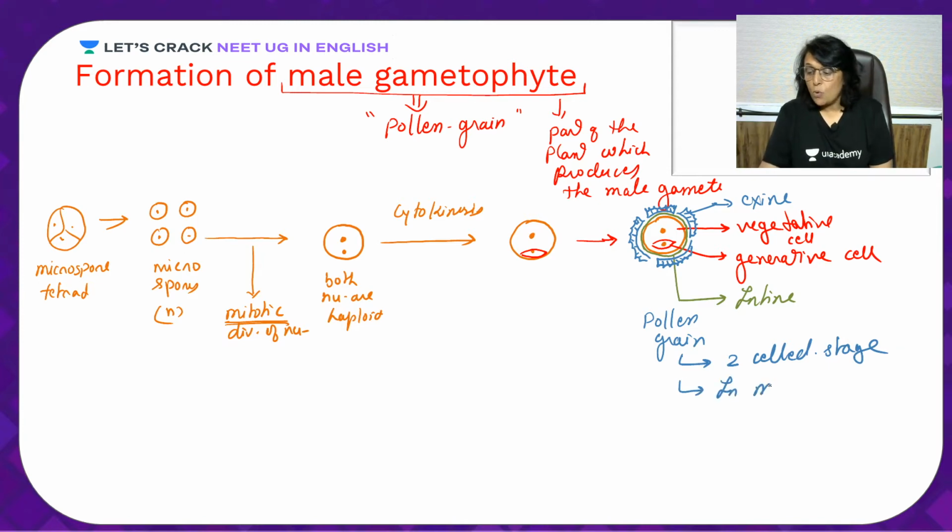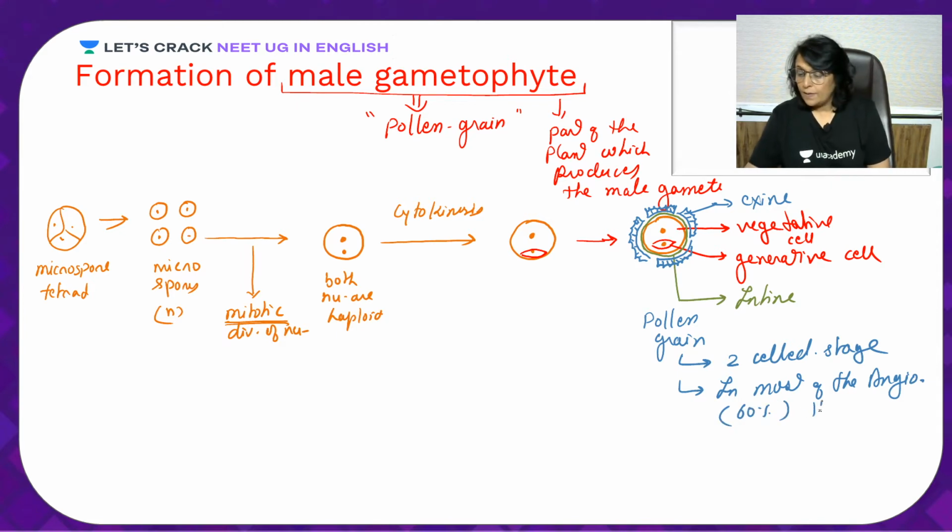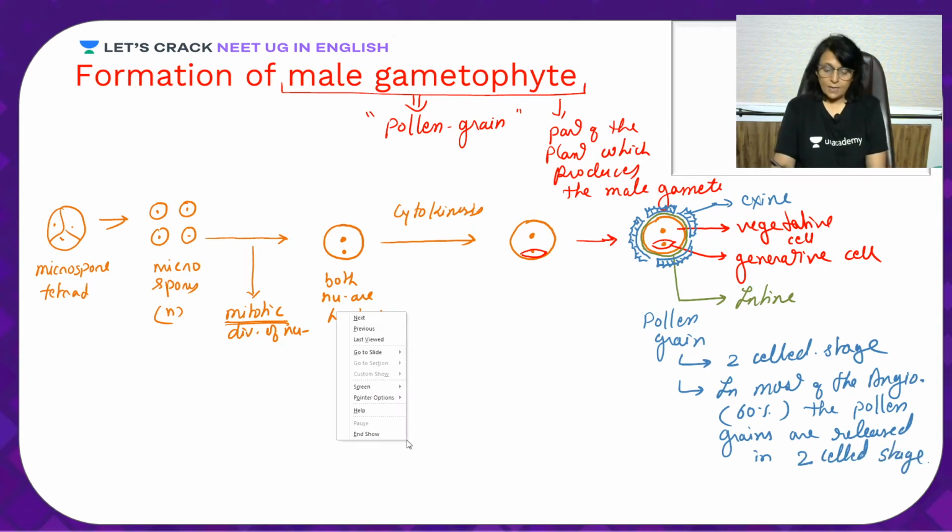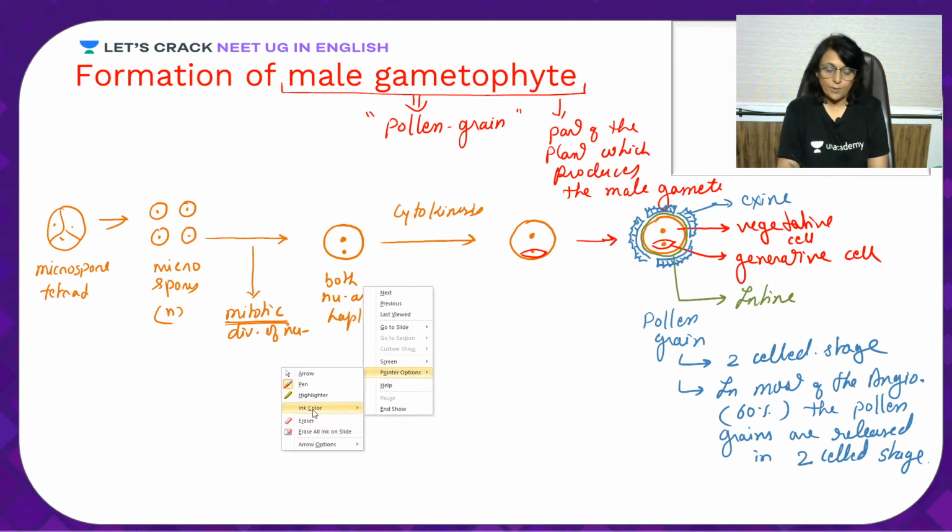In most of the angiosperms, about 60% or more, the pollen grains are released in two-celled stage. Very, very important.